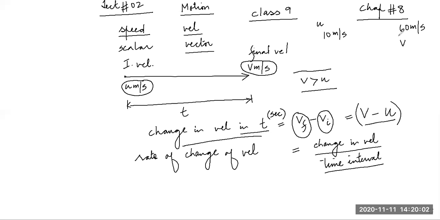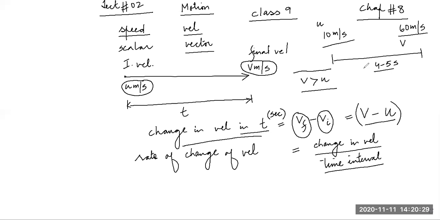Do you think the Activa can reach 60 meter per second from initial velocity 10 meter per second in only 1 or 2 seconds? No, it will take some time. It may take 4 or 5 seconds, maybe more than that.